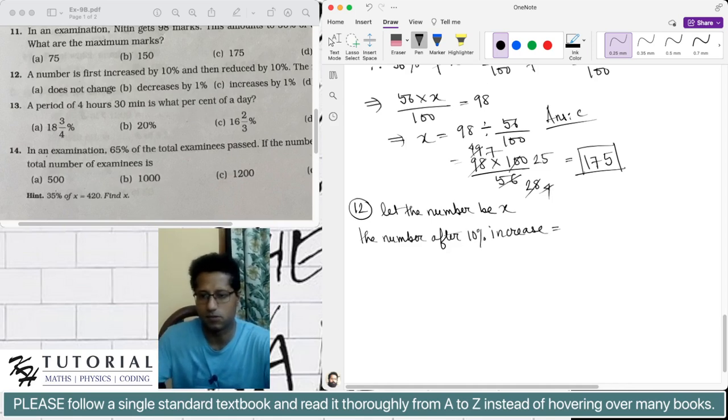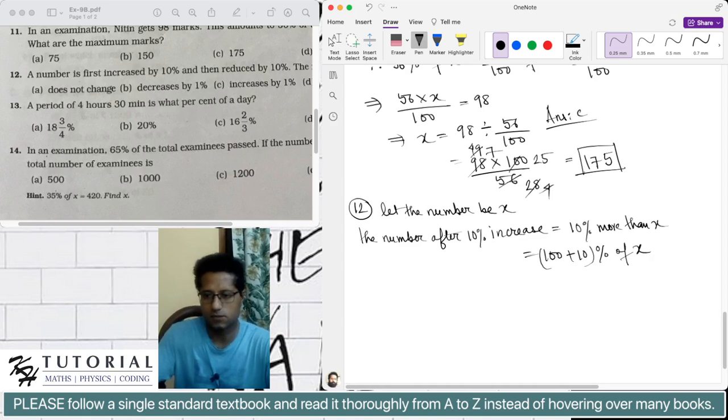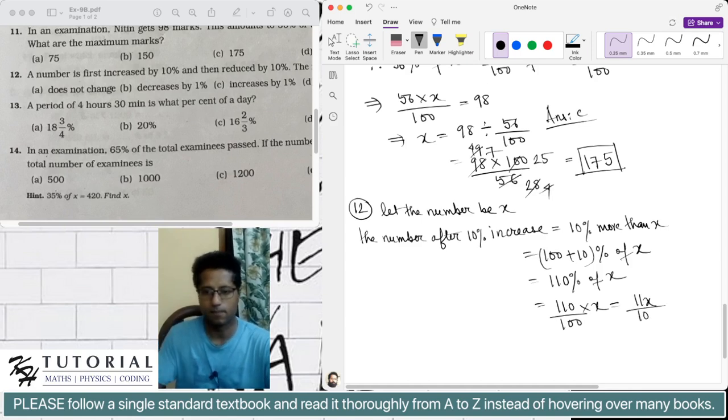That is, the number after 10% increase is 10% more than X. Now 10% more means 100 plus 10% of X. This is equal to 110% of X. Now 110% of X means 110 divided by 100 multiplied by X. This is equal to 11X by 10. So if the original number was X, after 10% increase, the number becomes 11X by 10.